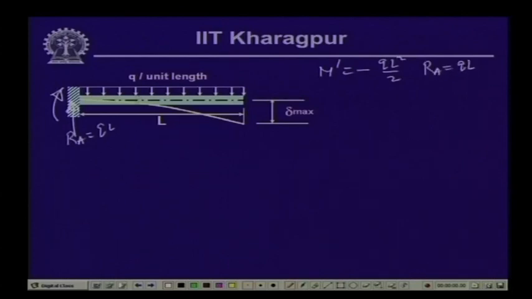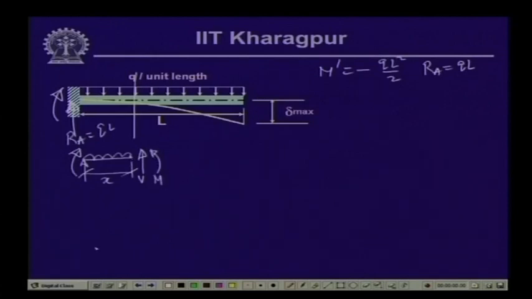Now, if I take a section here and take the free body of that particular part, here you have the reactive force, you have the moment, and you have the uniformly distributed load. This is at a distance of x, and on this cut section you have the equilibrating forces, the shear force V and the bending moment M.